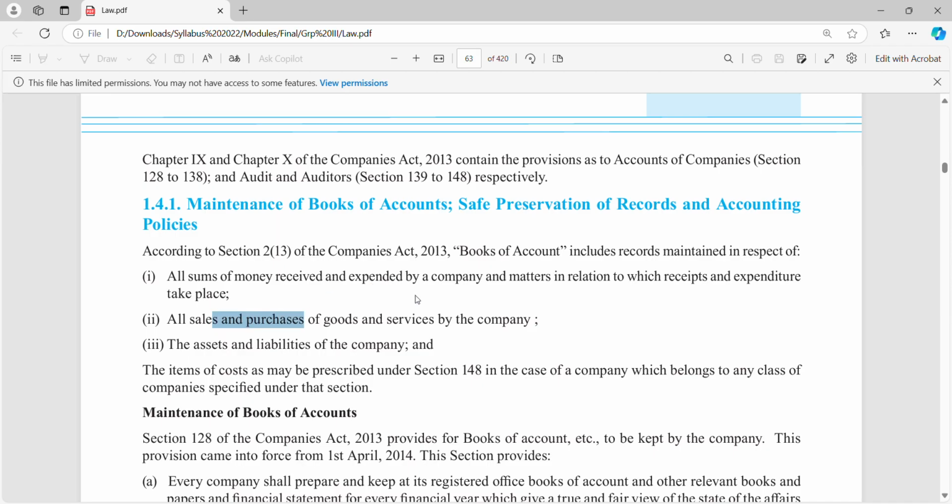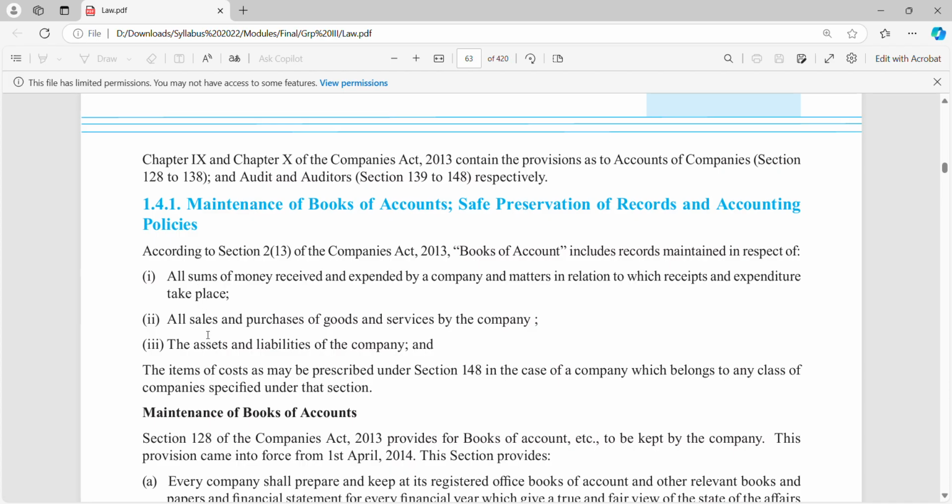So books of accounts include records maintained in respect of all sums of money received and expended by a company and the matters in relation to which receipts and expenditure take place, all sales and purchases of goods and services by the company, and the assets and liabilities of the company. The items of cost as may be prescribed under Section 148.